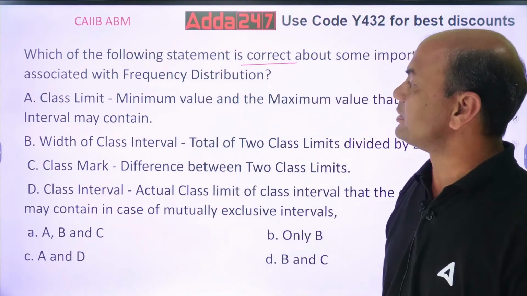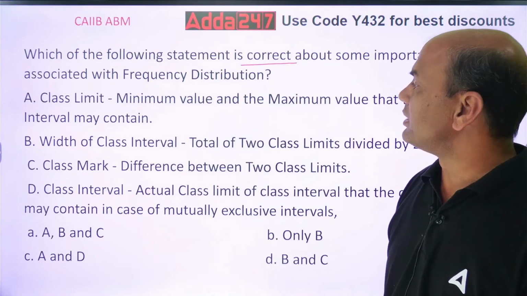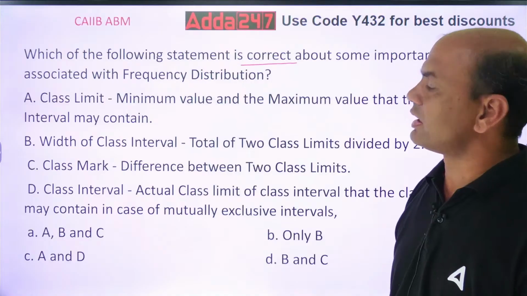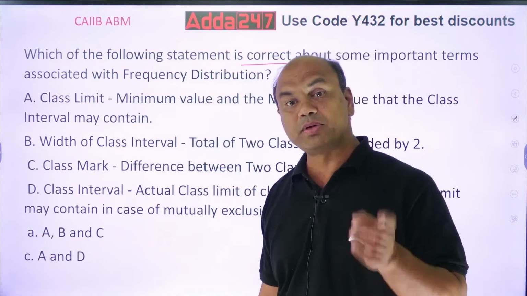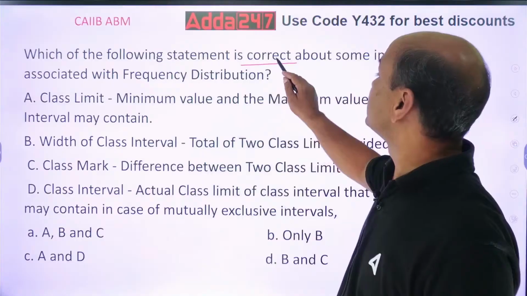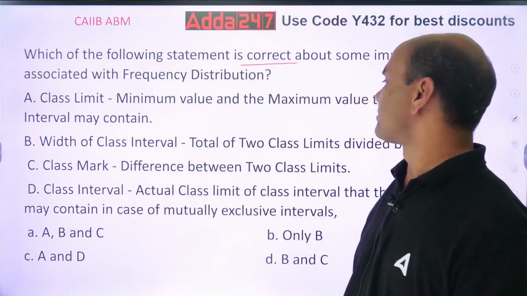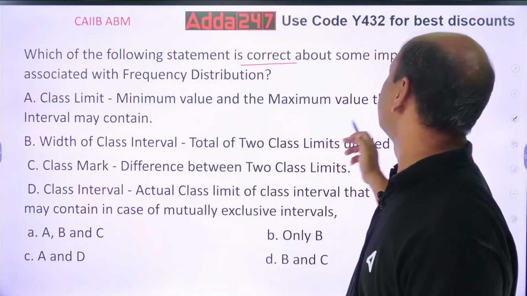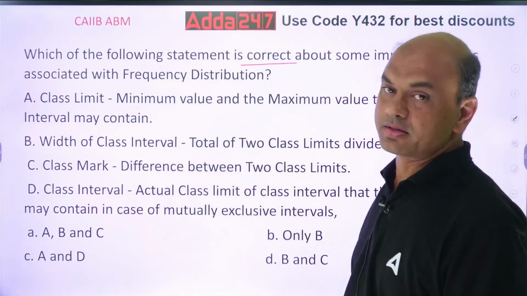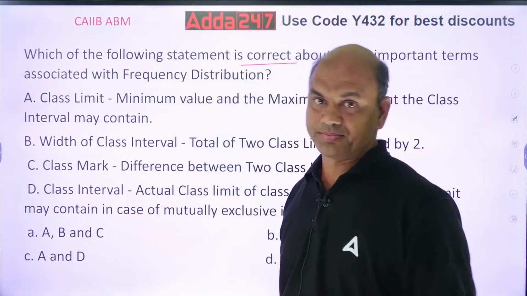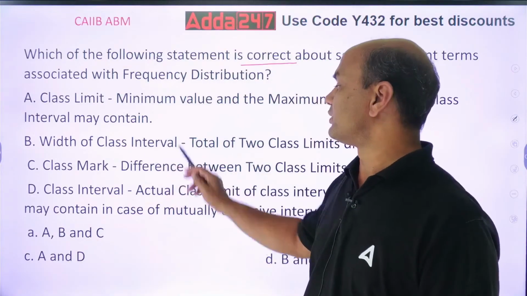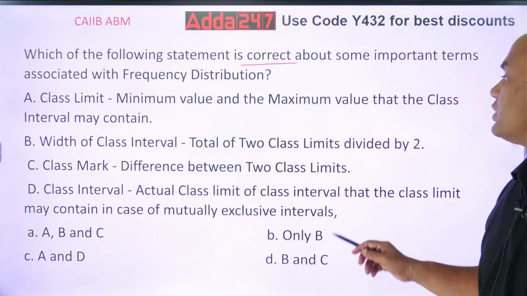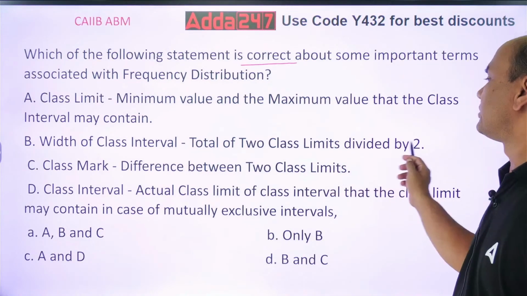So, what is class limit? Minimum value and maximum value that the class interval may contain. Second, width of the class: total of the two class limits divided by 2.